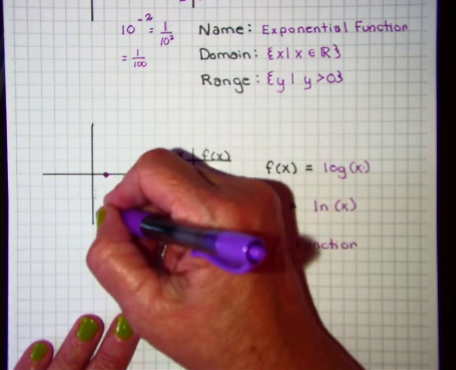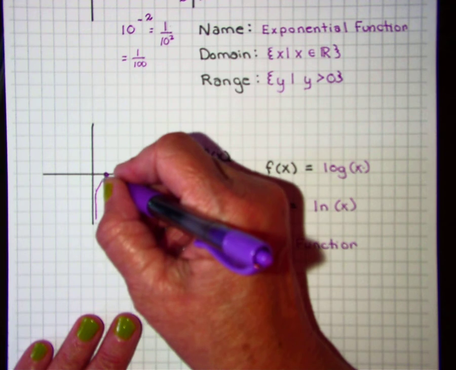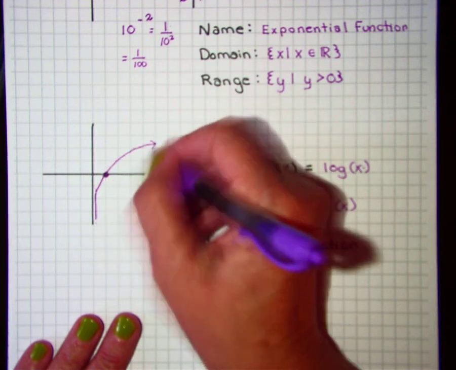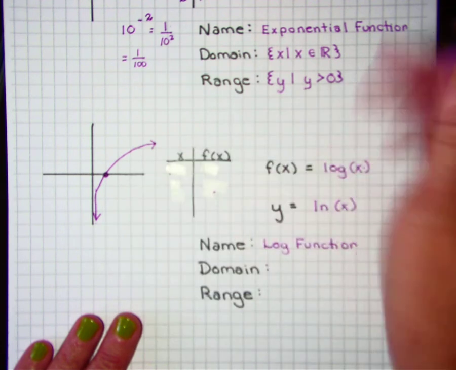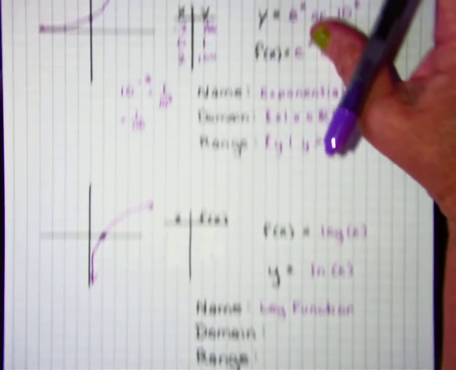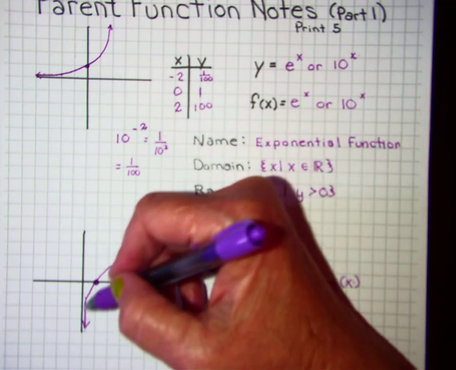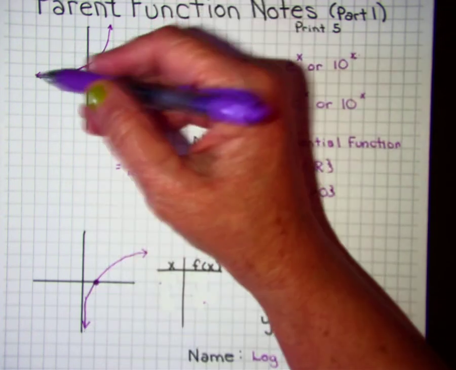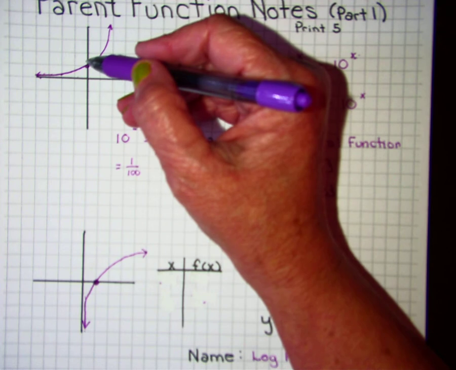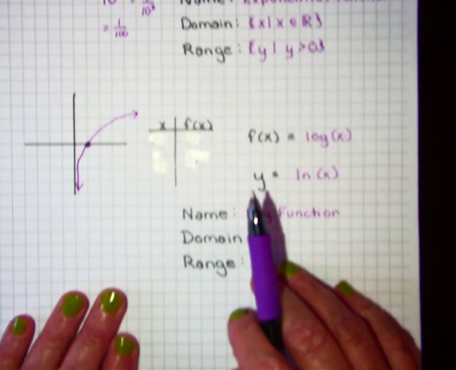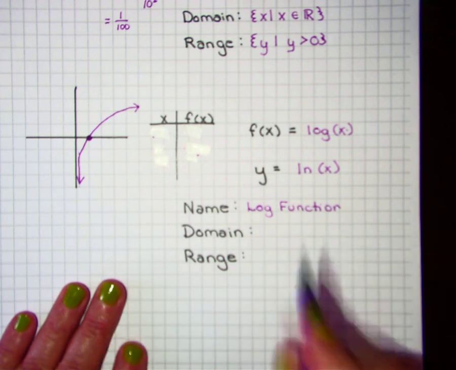It gets really, really small down there, and then it jumps to 1, and then it gets very quickly that way. And if you look at this and compare it with the exponential function, you can see as this is getting small next to the y-axis, this one was getting small next to the x. Okay? And so it's really the inverse of the exponential function, which we'll go into later.